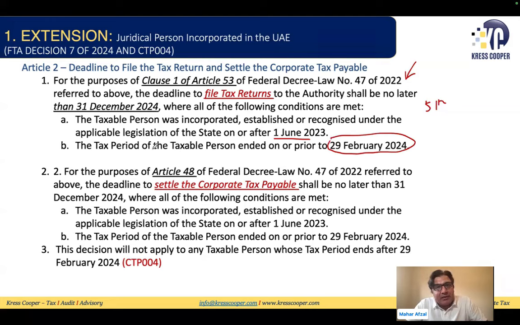You can submit the return under the application. They have given the extension here, that shall be no longer than 31st December.